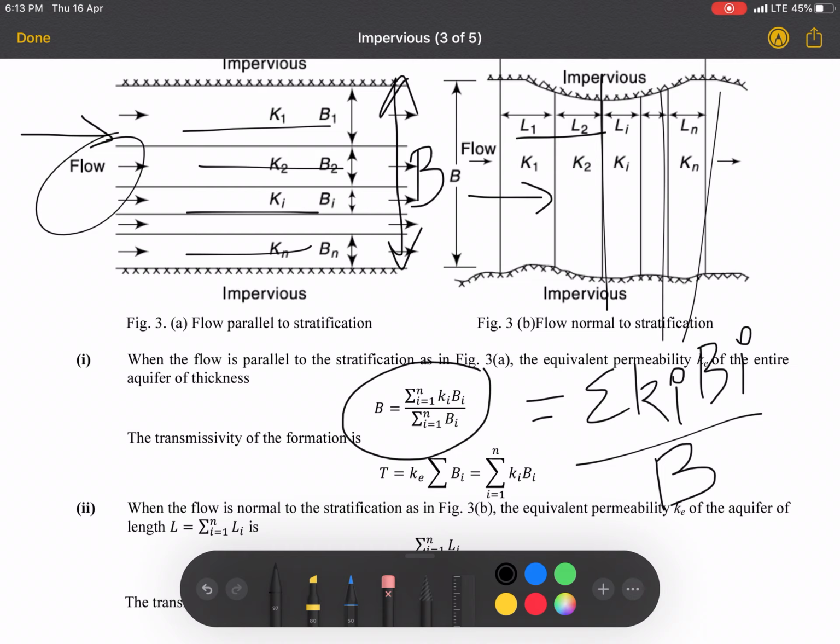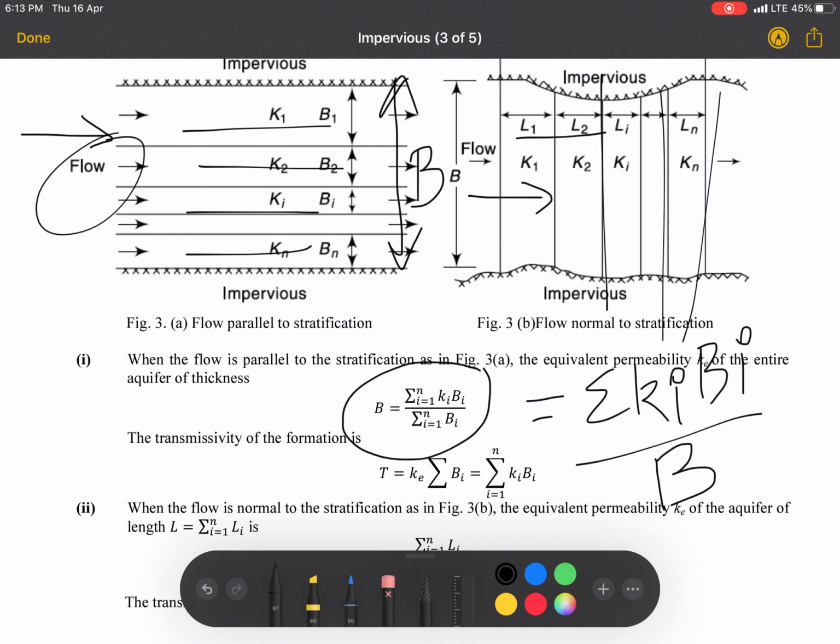I am not going into the detail of the derivation. You will learn this in geotechnical engineering in the coming semester. It is not a big deal, you just have to equate some terms.